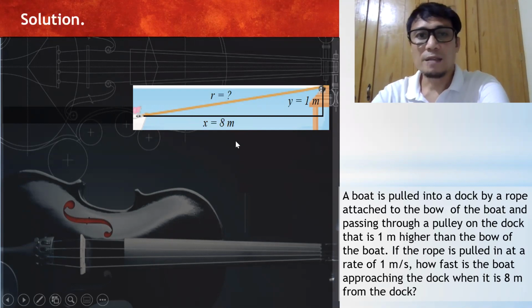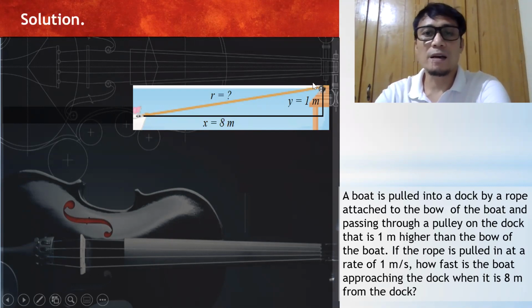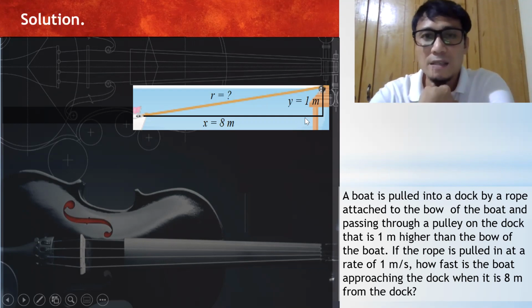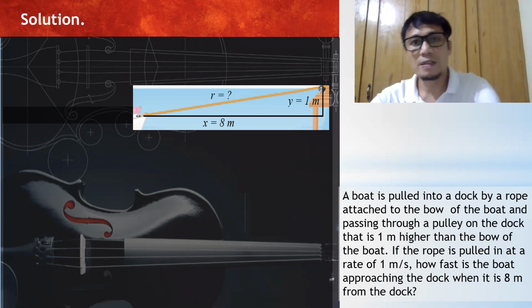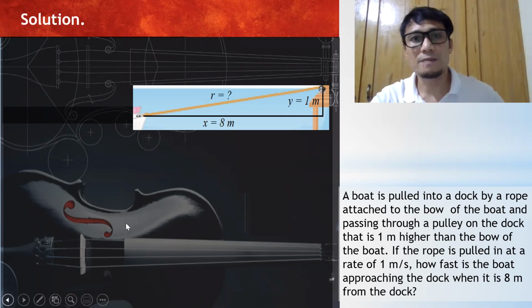So what I did here was to draw a horizontal line from the bow of the boat, and draw another line from the pulley down to the horizontal line, so that that line is perpendicular to the horizontal line. And you actually have here a right triangle, okay?